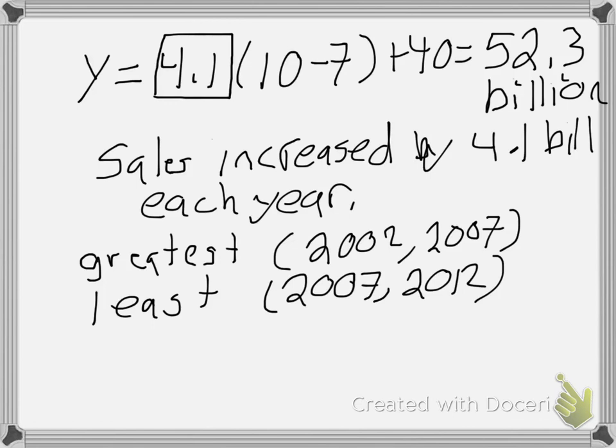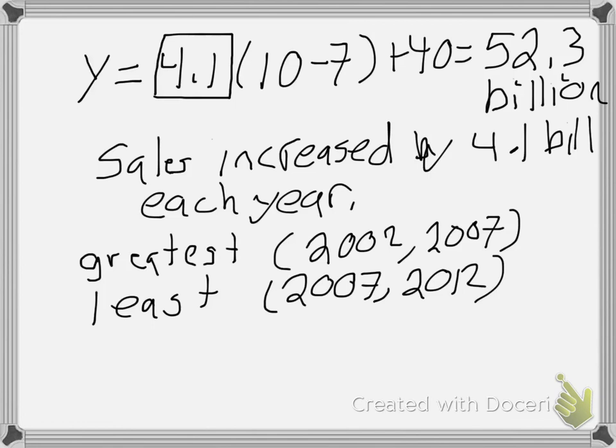Now, find the slope of the line segment connecting the points for the years 1997 and 2012. Basically all you need to do is find that particular slope in general.